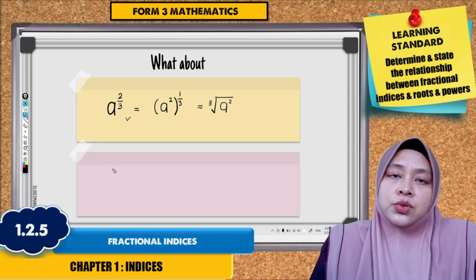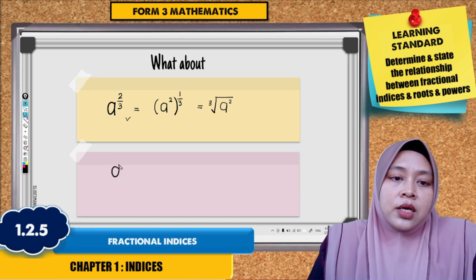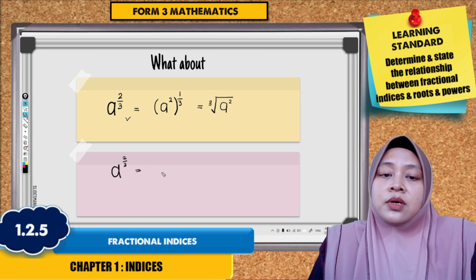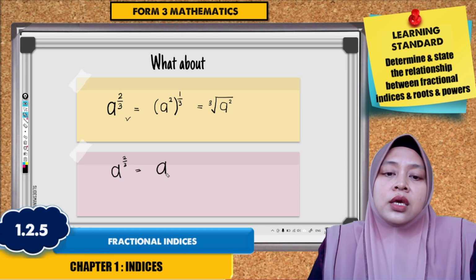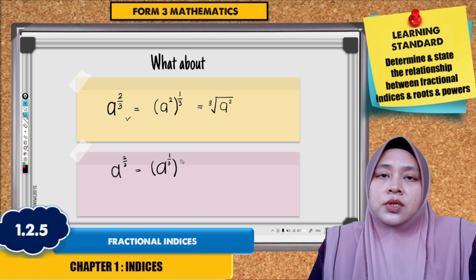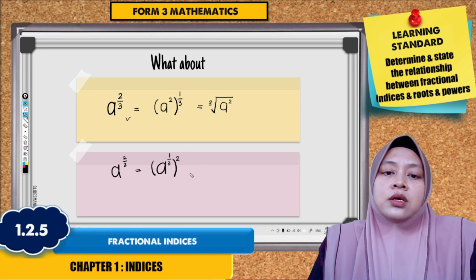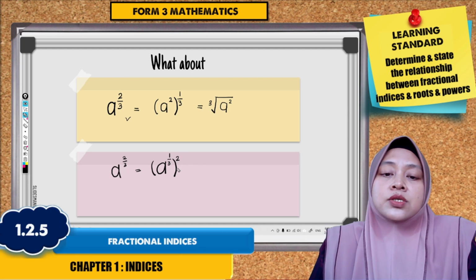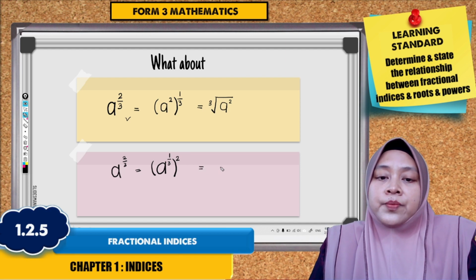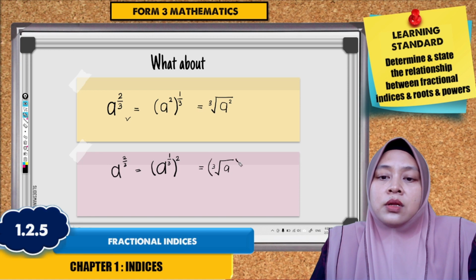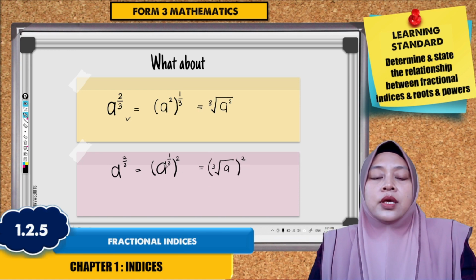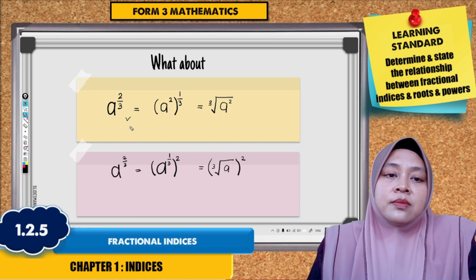If I want to use another way, a to the power of 2/3 will also have the same amount as a to the power of 1/3 in parentheses, squared. So here we change to cube root of a, and then all this we square.